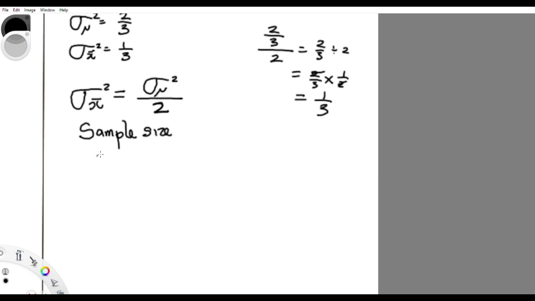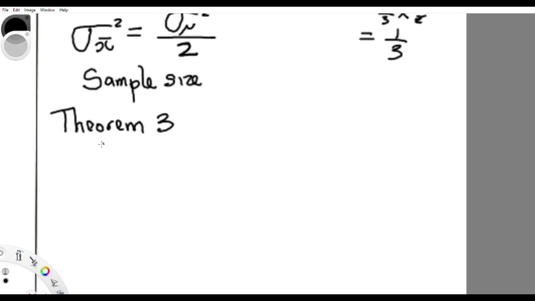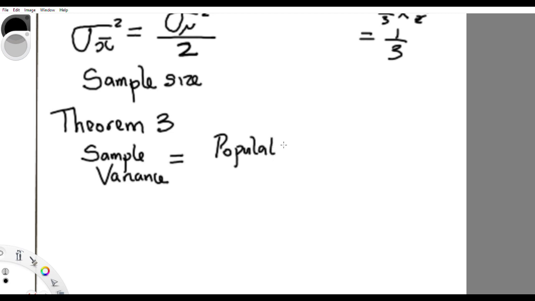Then we can take theorem 3 to be what? The sample variance is the same as the population variance all over the sample size.